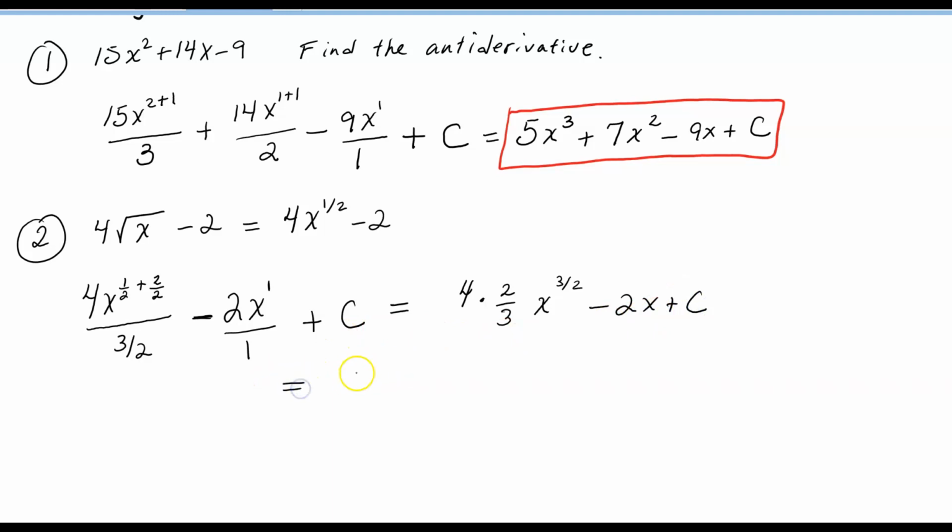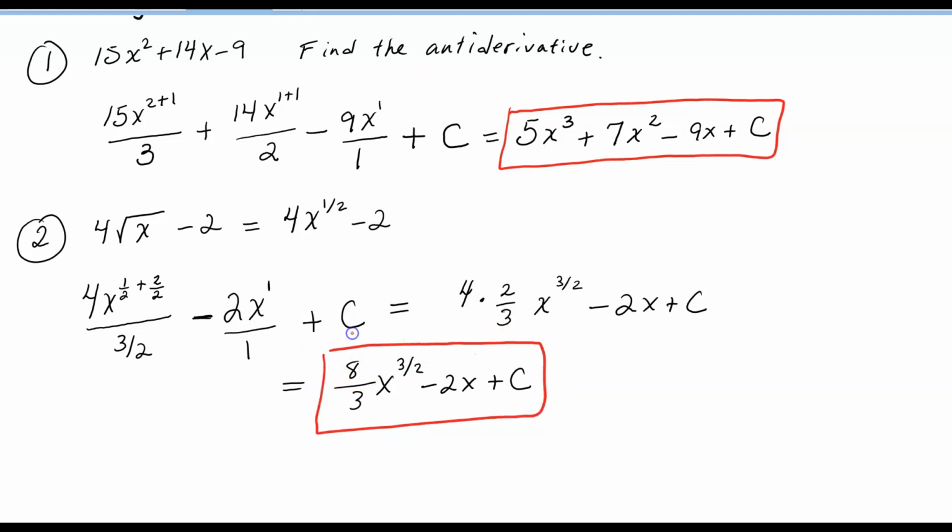When I finish cleaning that up, I get 4 times 2, which is 8 over 3, x to the 3/2, minus 2x plus c. So we've got that right there, and that is our antiderivative for the function on number 2.